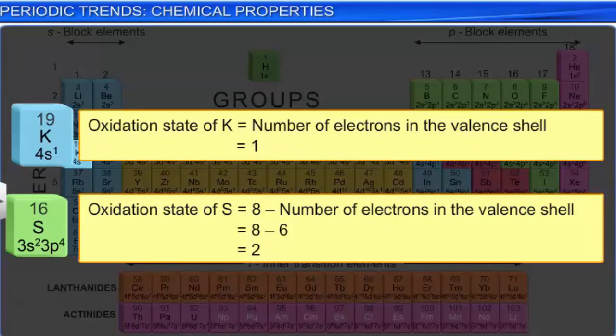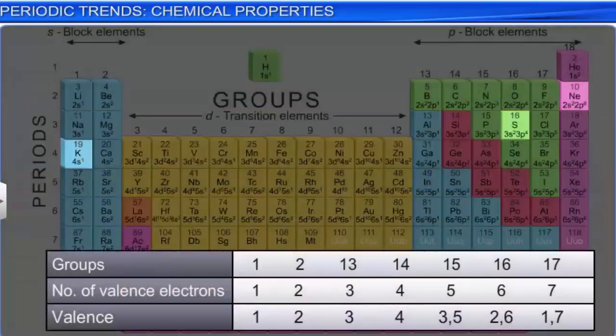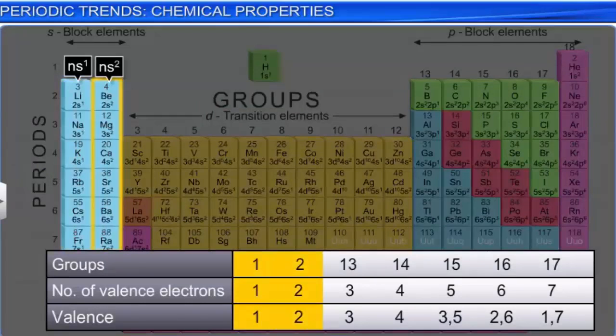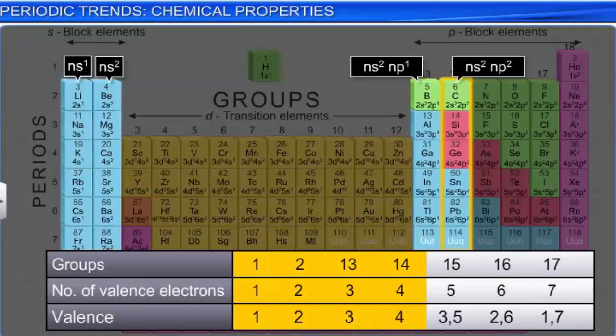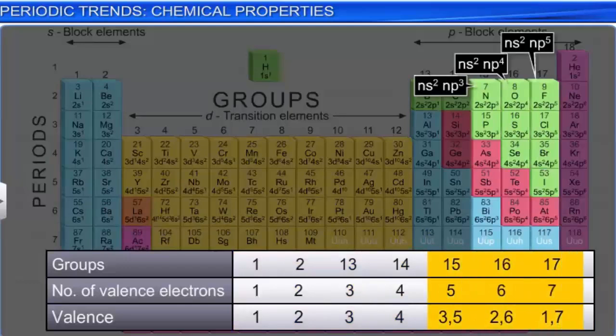As can be seen from the table, for representative elements belonging to groups 1, 2, 13, and 14, the oxidation states shown by elements is given by the number of valence electrons. However, for groups 15 through 17, the oxidation states are given by the number of electrons in the outermost shell, and or 8 minus the number of valence electrons.